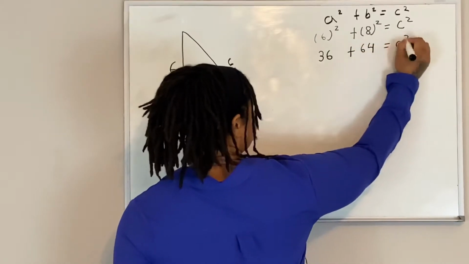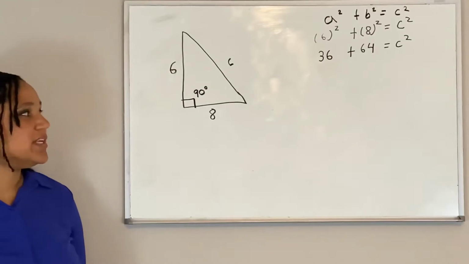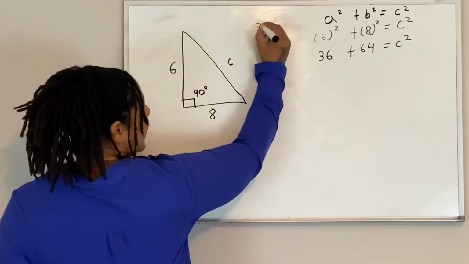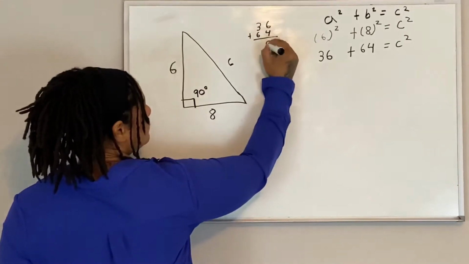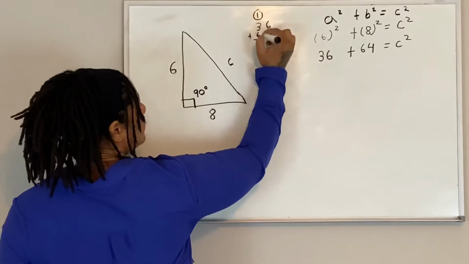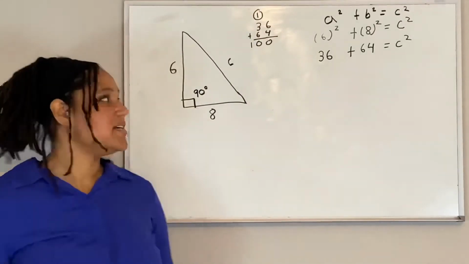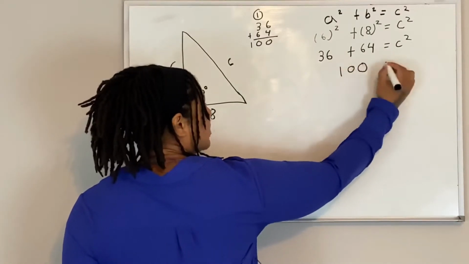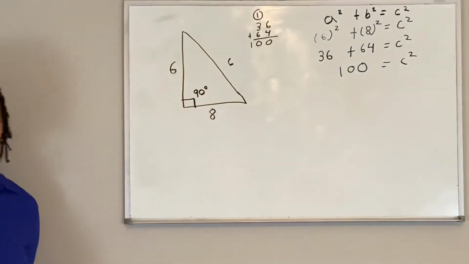And we're just going to carry over our C squared. So now it's just adding. What is 36 plus 64? So if I come out to the side and I add 36 plus 64, we get 100. So I'm going to put 100 in, and now we have c squared.